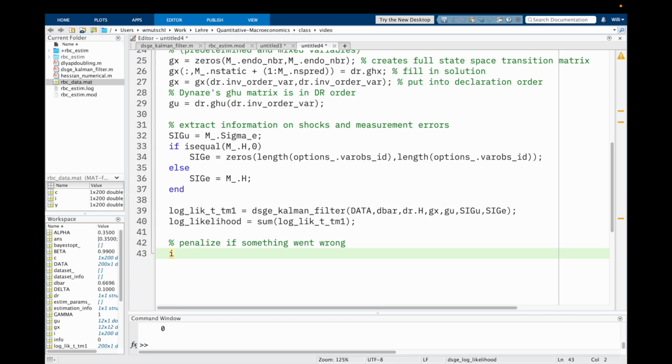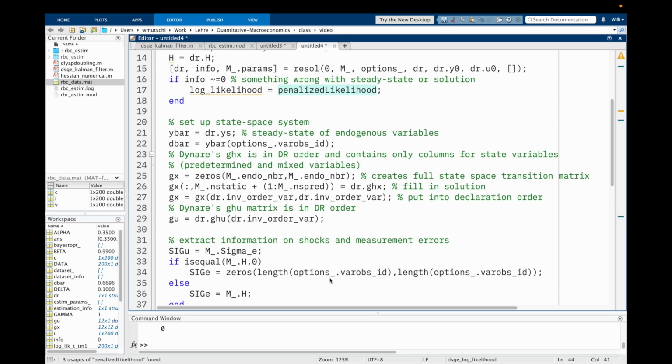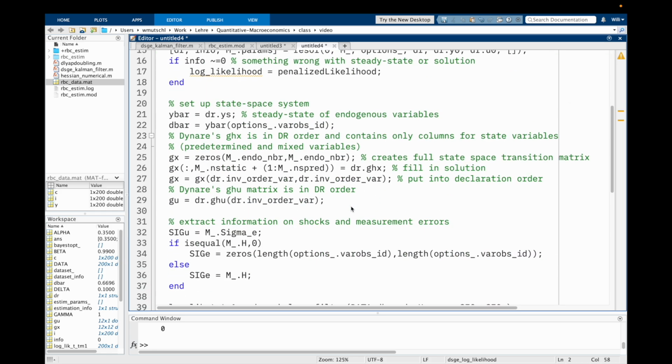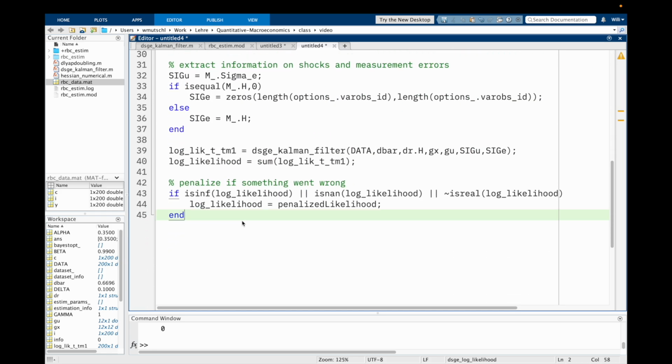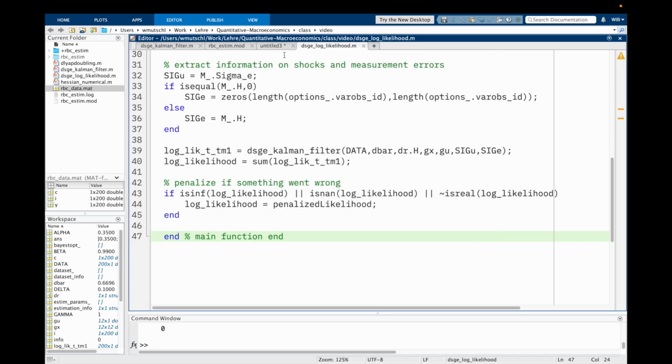So if it is infinity or NaN or imaginary, then let me penalize this with a very, very small number. Okay, so this is a small number, can also be minus inf. And main function end. Okay, let me save that, DSGE log likelihood.